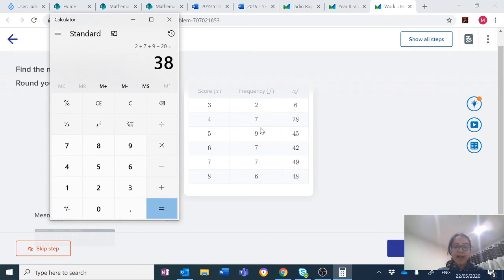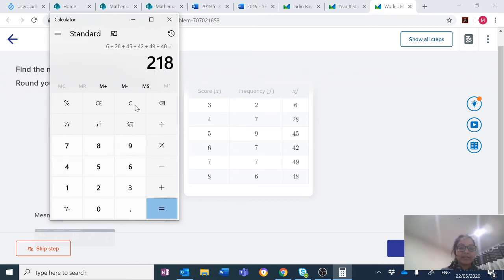So if you add up the frequency column, the answer is 38. Let me keep that in my mind. And I just need to add this now. 6 plus 38. Just trying to recall. 45 plus 42 plus 49 plus 48 is equal to 218. I just need to divide these two numbers.